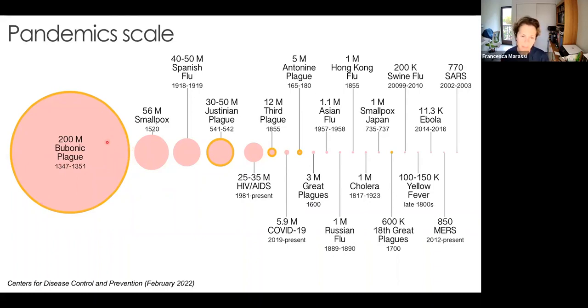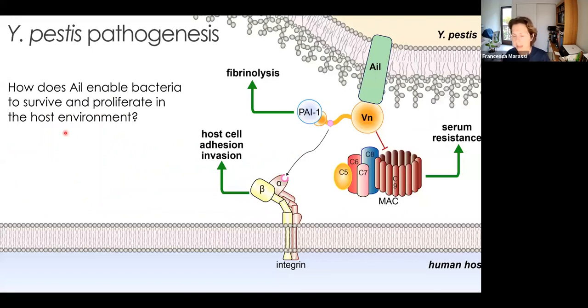Understanding how the bacterium continues to live with us and is able to both infect and survive in the host and cause massive and very rapid death is interesting, not only because of what we want to understand about the bacterium itself, but also because it relates to a bunch of interesting pathways within the human host that are responsible for things like innate immunity, cell adhesion and migration, and coagulation and fibrinolysis.